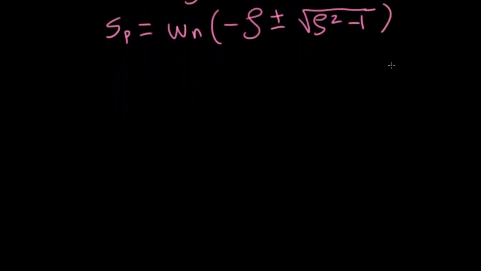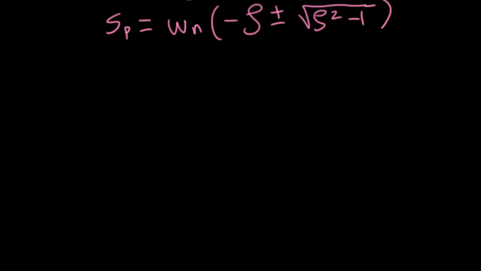So I'm interested in finding out when I get complex conjugate poles. I'll get complex conjugate poles when zeta squared minus 1, the material under the radical here, is less than 0. Because taking the square root of something less than 0 is going to result in me having an imaginary number in my expression.